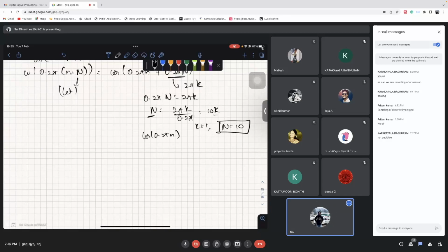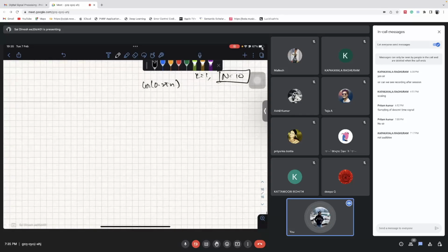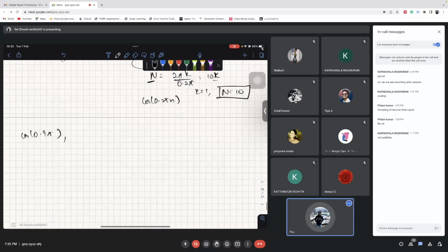Okay, let's take another example, cos 0.9 pi n. Similarly, 0.9 pi times capital N equals 2 pi k, so N equals 2 pi k divided by 0.9 pi. Does anyone know the values of k and N? What is the least integer value of k for which N is an integer? Give it a try.